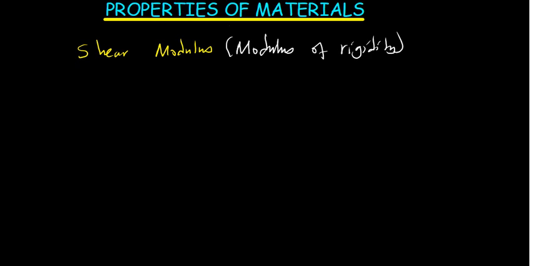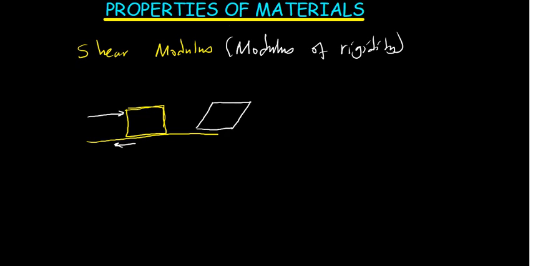So when you've been given a certain object like this one, when you are talking about shear modulus, we don't apply a force perpendicular, we apply a force parallel to the object. When it is Young's modulus, the force is applied perpendicular to the surface of the object. So we apply a certain force here, and this thing is going to change shape in this way.